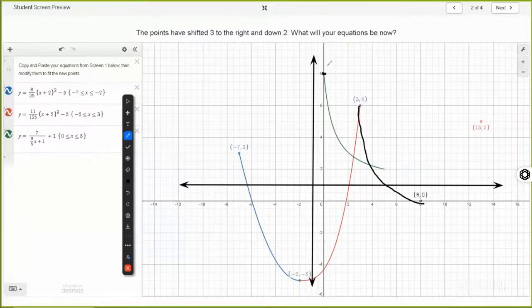By the looks of it, the starting point started at 0.8. It's now, to get to this point here, there is +3, or a horizontal shift of 3 units. And to go from 8 to 6, I've got a vertical shift.